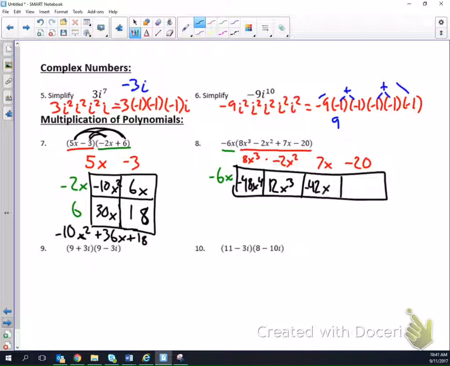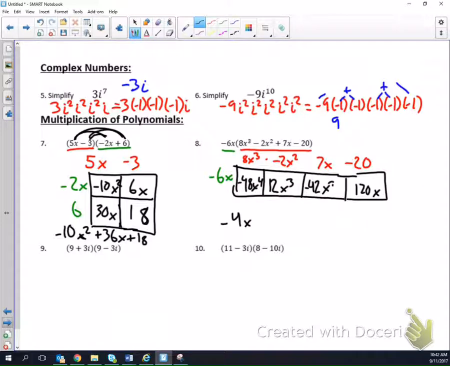X times x is x squared. Negative 6 times the negative 20 is going to be positive 120, and then x. So now I just write that all out.